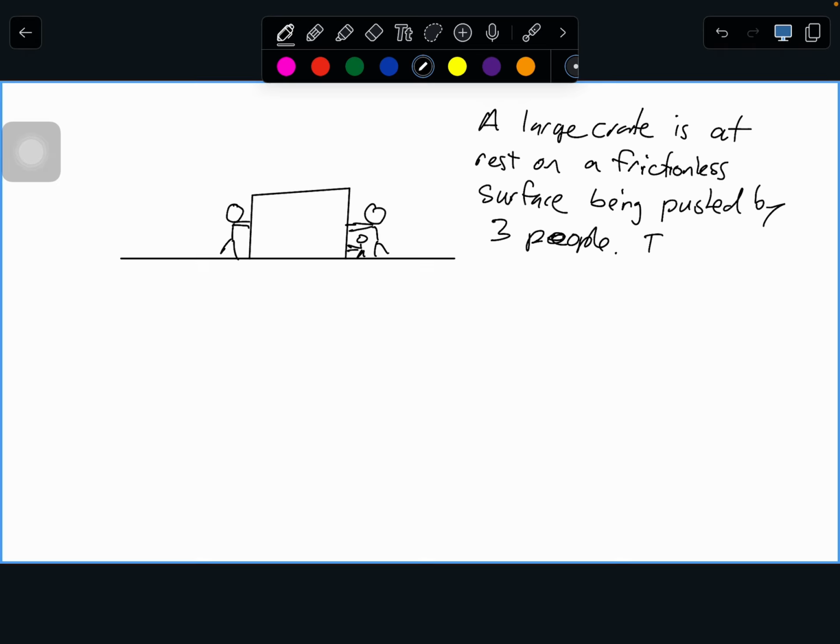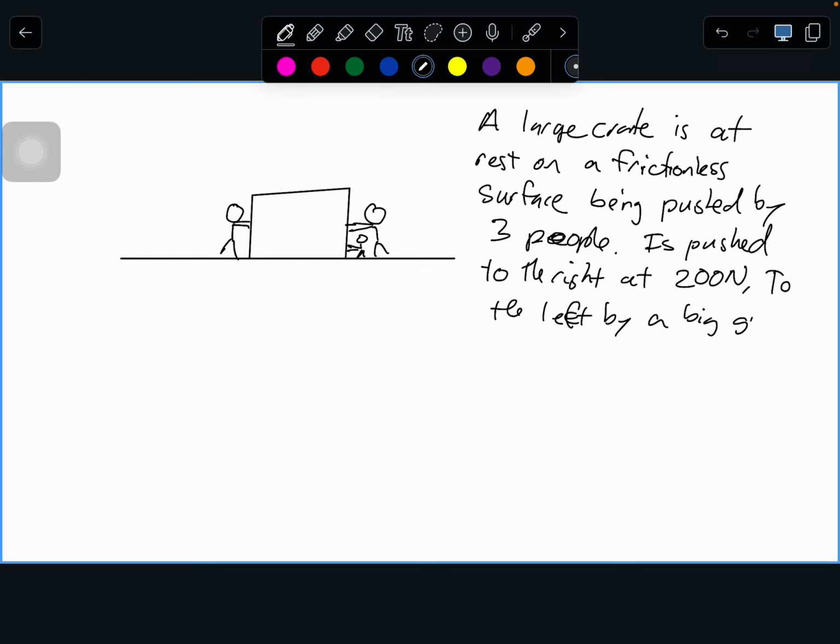Okay. It's pushed to the right at 200 newtons, to the left by a big guy at 180 newtons, and to the left by a baby guy.